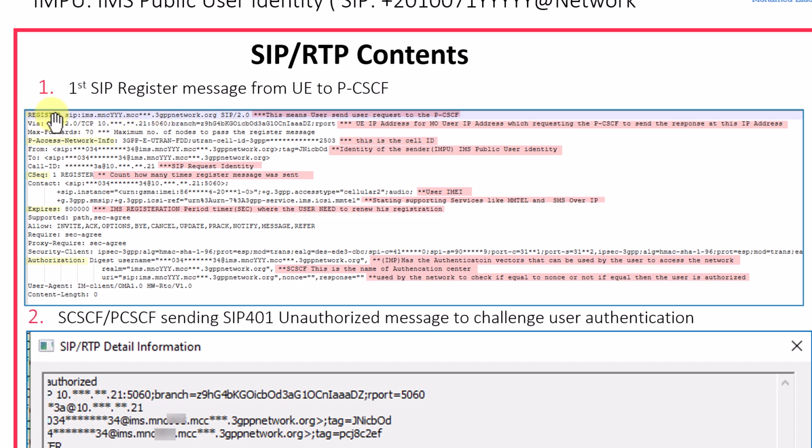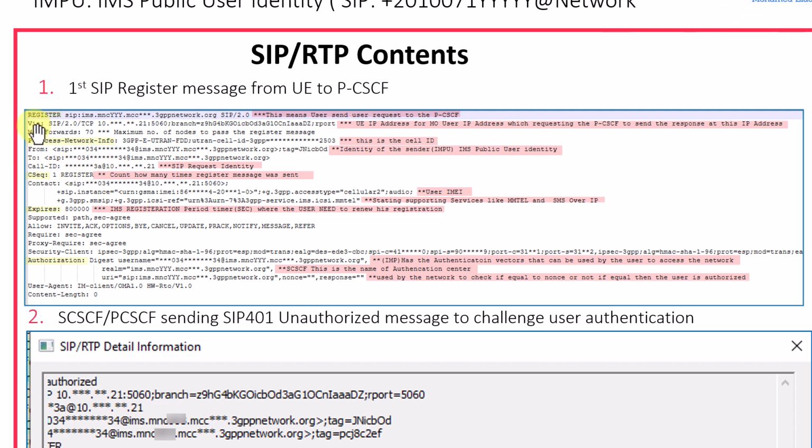First, the method is register. I would like to register to the IMS network. After that, it gives you the SIP URI, which is ims.mnc.mcc for example, then the SIP version, which is SIP version 2.0. So in summary, this is telling the P-CSCF I would like to register to the network.